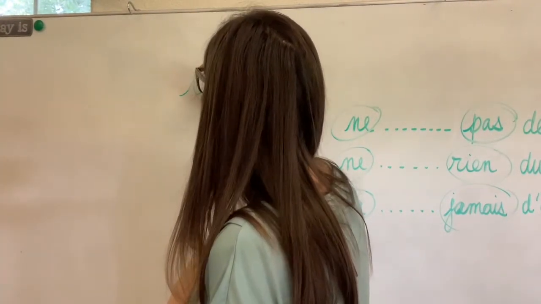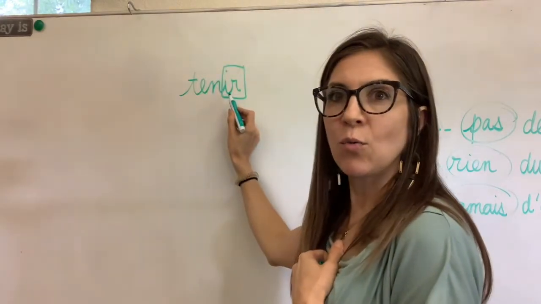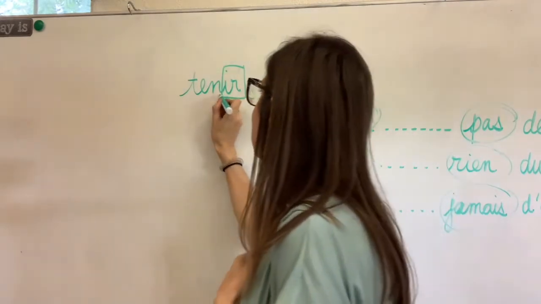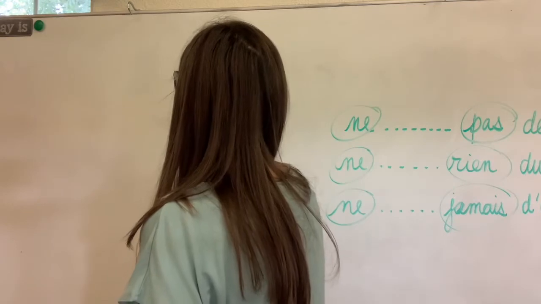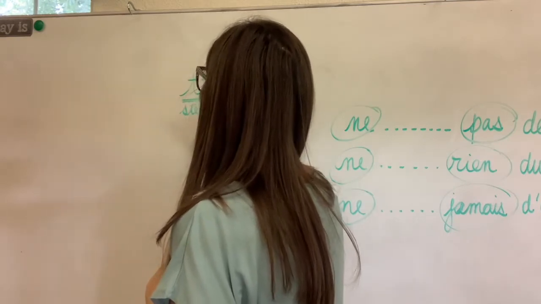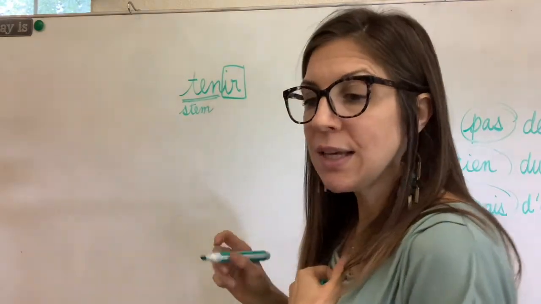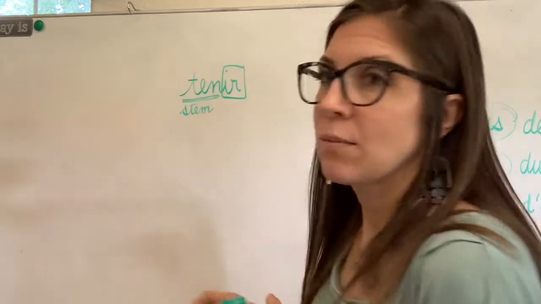So tenir: this part right here is your ending, and TEN is going to be your stem. We keep the stem, but we change the ending. And of course, tenir is regular in this sense.